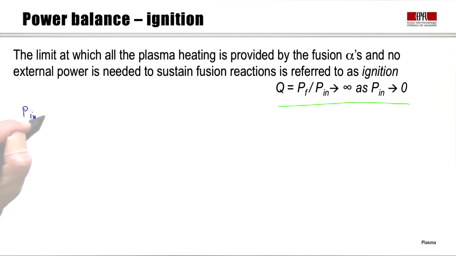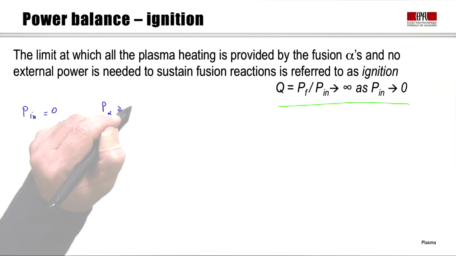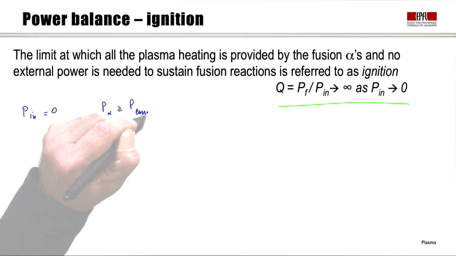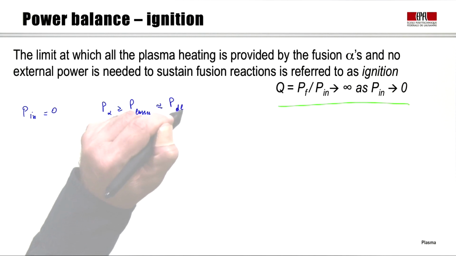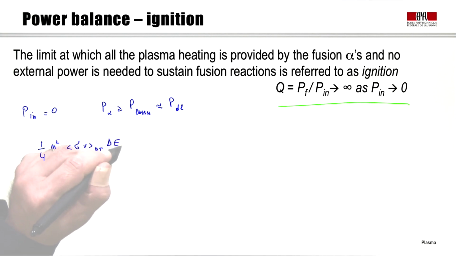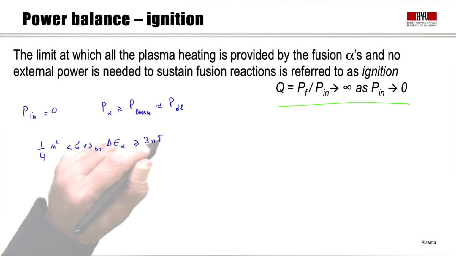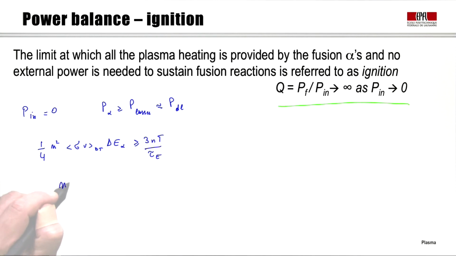So we have P_in equals 0. That means that P alpha must be larger than the losses, which, as we have said, can be represented only by the direct loss term, as we can neglect Bremsstrahlung. So we can write the expression for P alpha and impose that it be larger than the direct losses, which are given by 3nT divided by the confinement time.